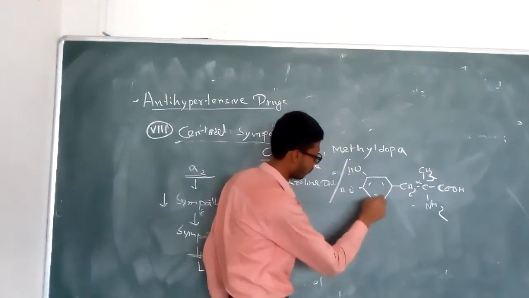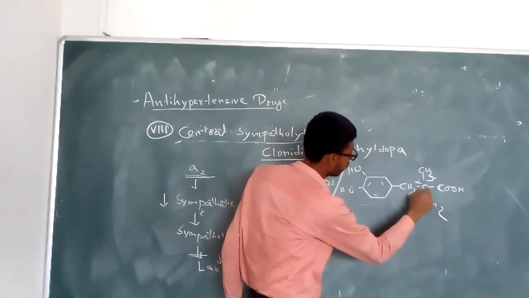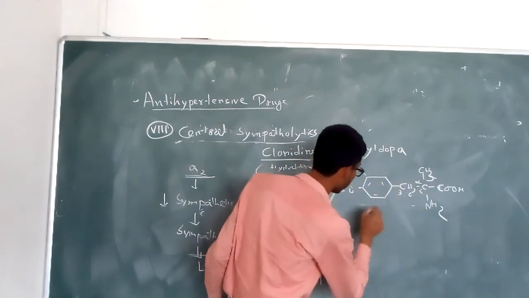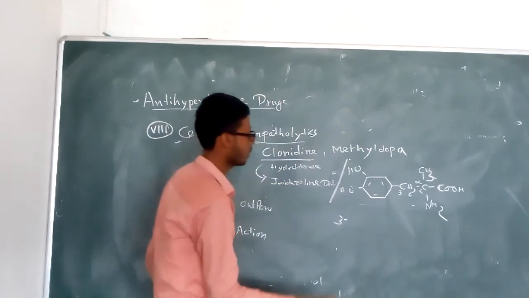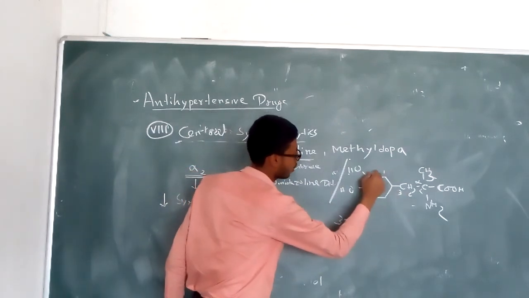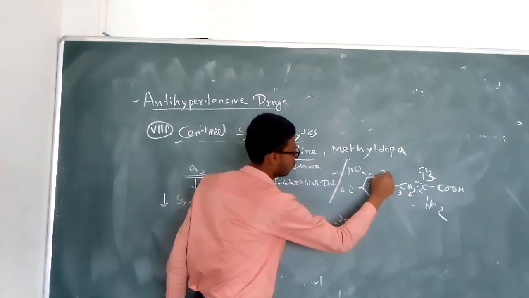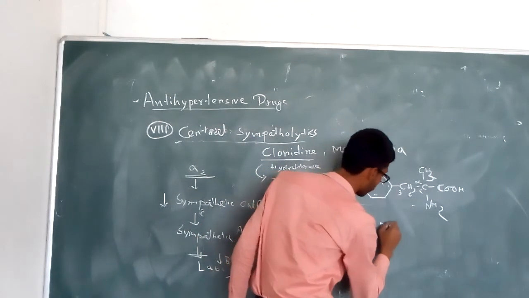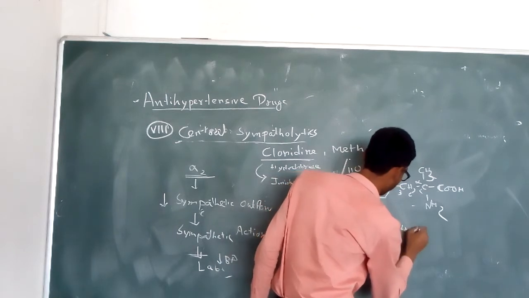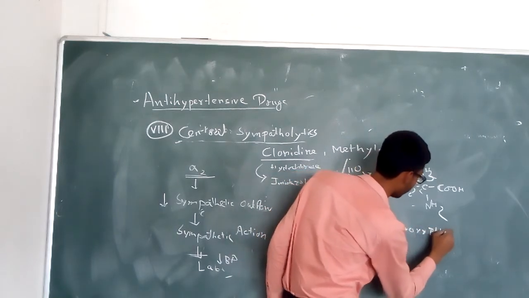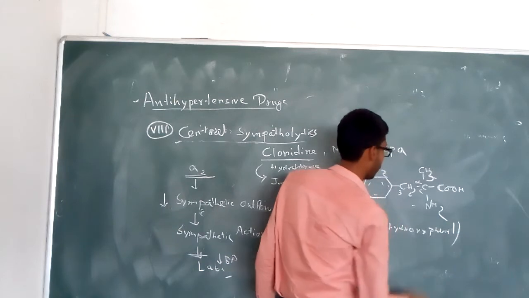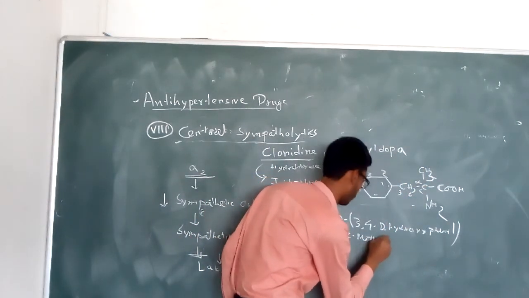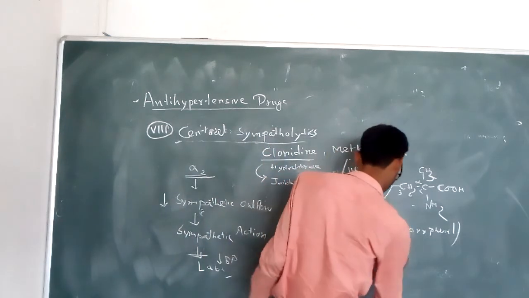And the nomenclature is 3,4-dihydroxyphenyl, 2-methyl alanine.